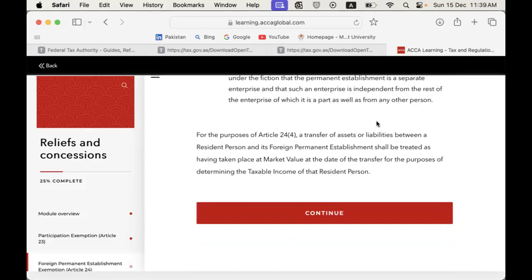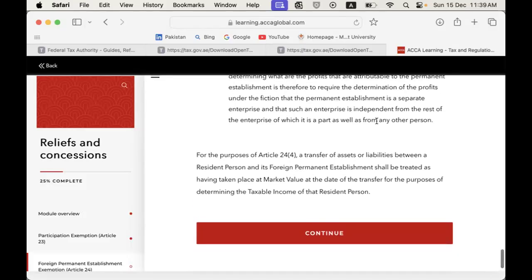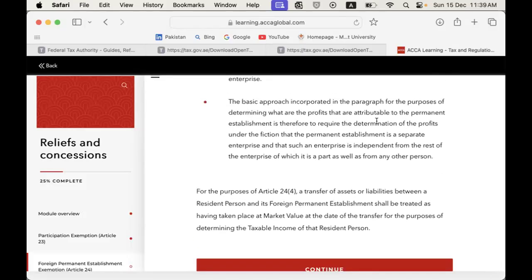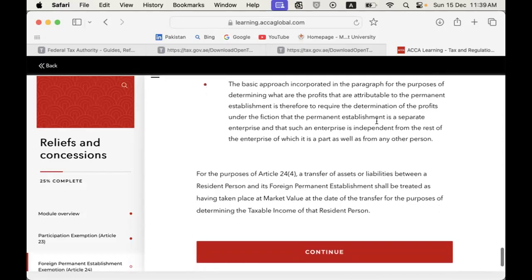Functions, assets, risks. So when you're looking at attributing the extent of income or profits to your permanent establishments, or for that matter, foreign permanent establishments, these are the 3 main criteria: functions, assets, and risks. So for various projects or for the purpose of business, what kind of functions are exercised or performed by a particular branch?